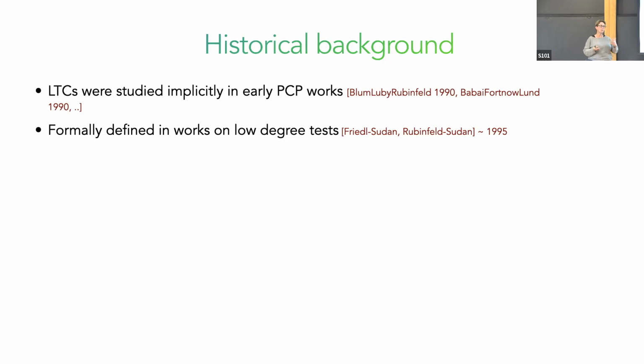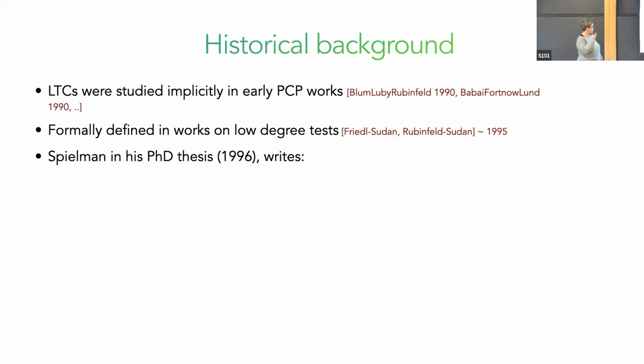And then what you wanted to check is that the prover is giving you some low degree function, and this was called a low degree test. So this was really a key component in the construction of PCPs. And today, or many years ago already, in retrospect, you can think of this as showing that these polynomial codes are locally testable codes. So this is how this notion came about.